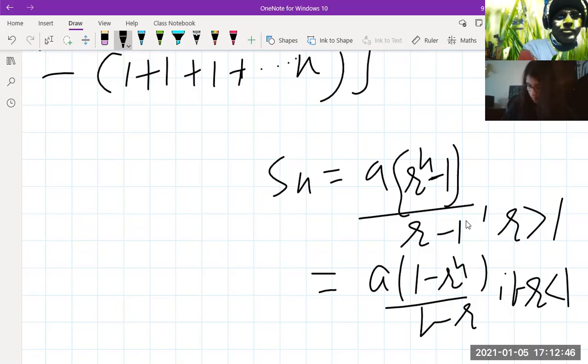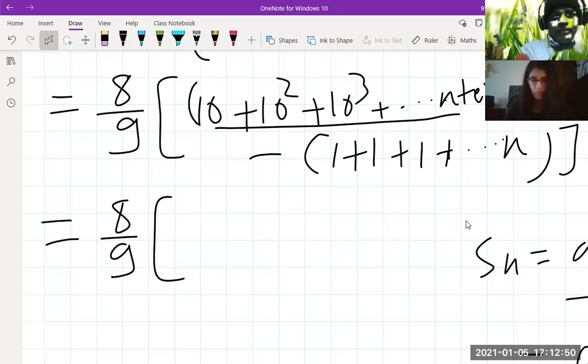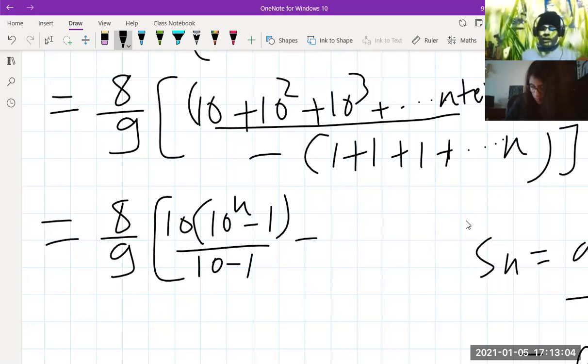So what we'll do, we will use the same formula over here. So this will be 10 times 10 to the power n minus 1 divided by 10 minus 1. And if you add 1 to n times, what will you get, Parnika?